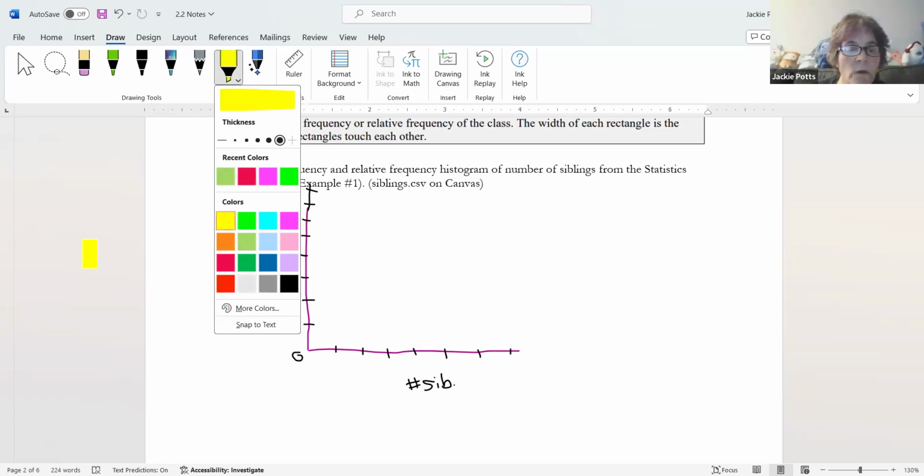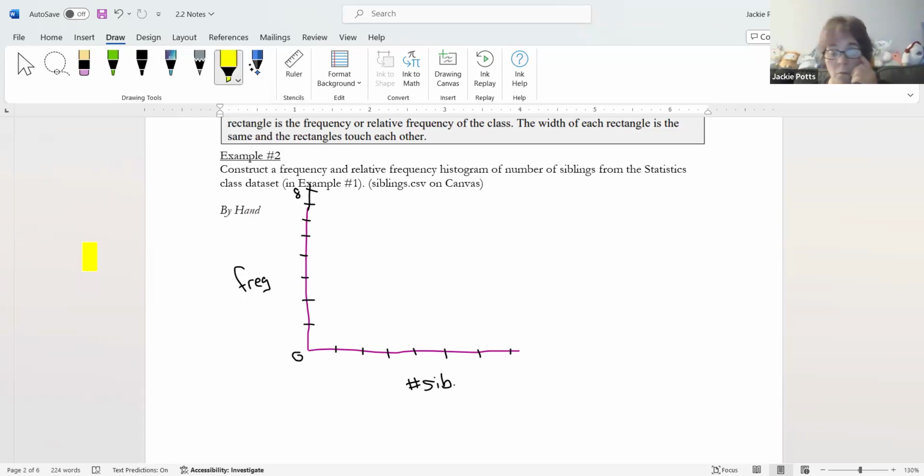Now, when we draw these, you measure from left to right. You read from the left. So 0 has 1. So I'm going to draw it from here to here.